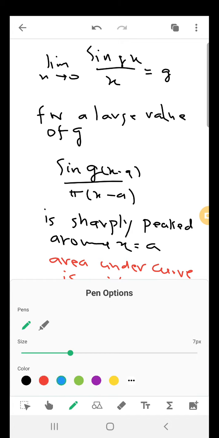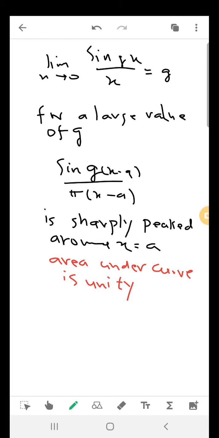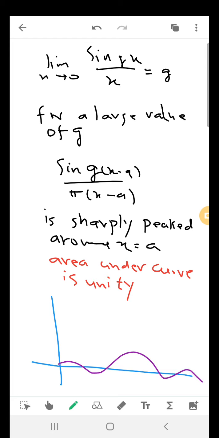So if you plot it, you get the following representation. This is how the function will look like for, say, g is equal to 0.5 and for g is equal to 5, and if we increase the value to say g is equal to 20, it will look something like this.